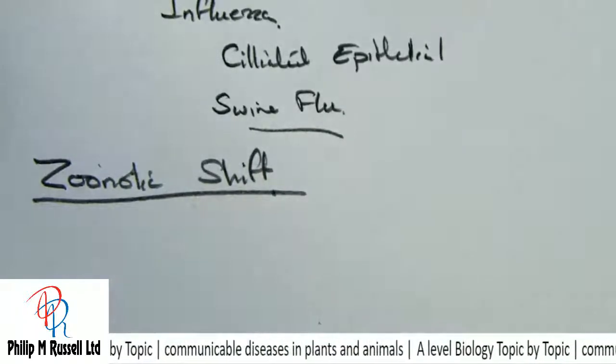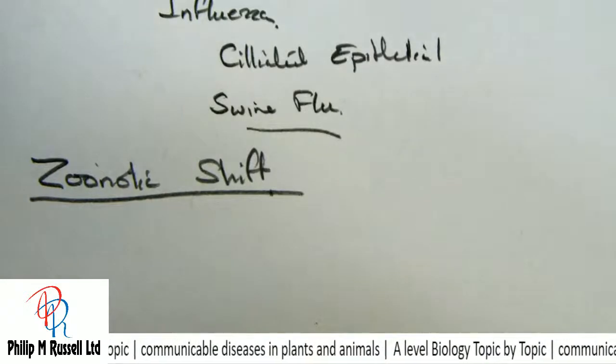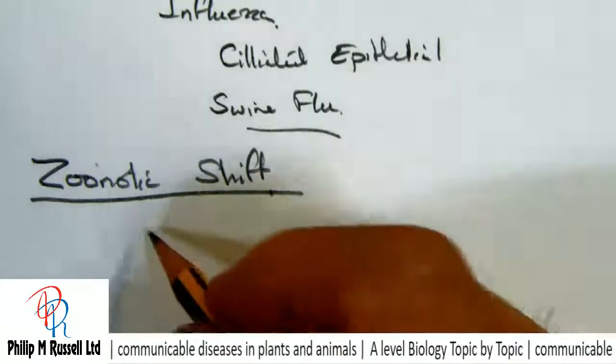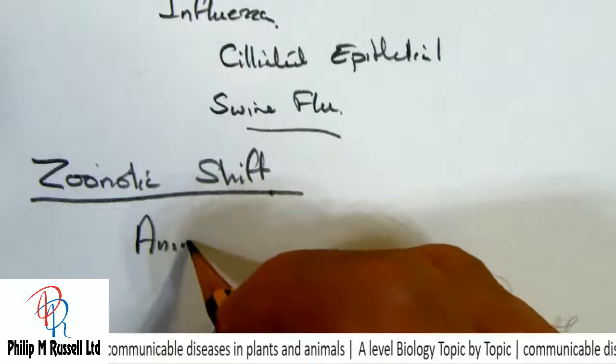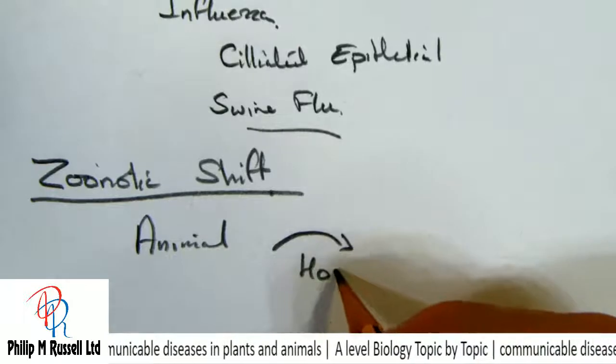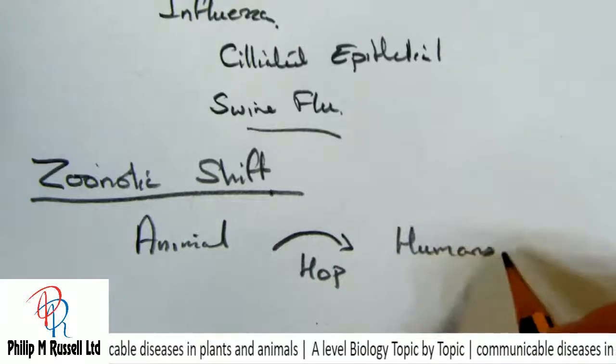Zoonotic shift is simply a way that we can get one sort of animal and it undergoes some sort of hop into humans.